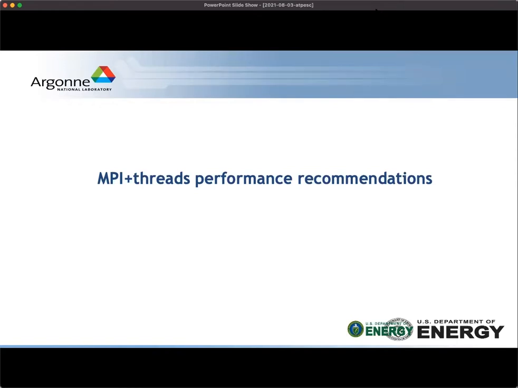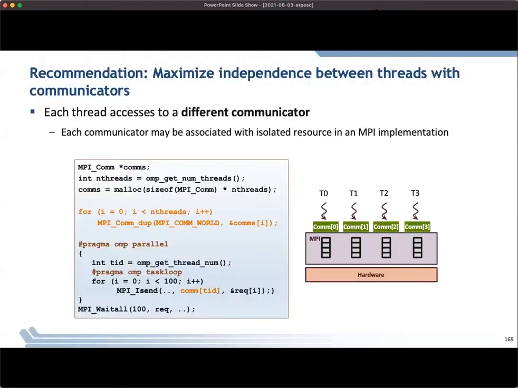By doing this, you may be able to get a huge performance boost on an MPI library that is well optimized for MPI thread communication. As a recall, the core problem with MPI plus thread is that MPI has no concept of the thread itself.